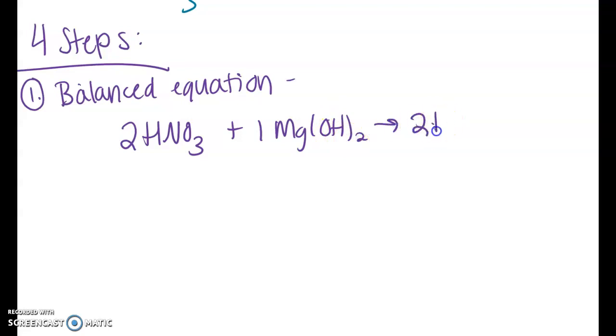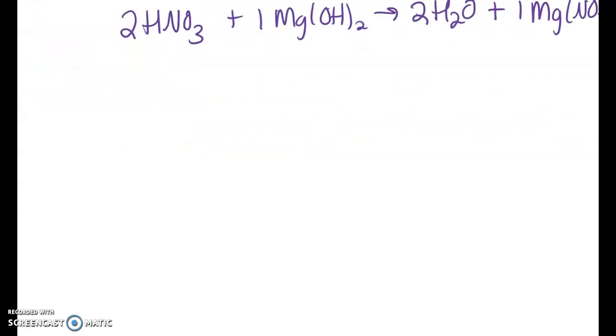And that's going to make 2 water and 1 magnesium nitrate. And the reason why we need a balanced equation is that I need to look at the mole ratios. So this is really just a stoich problem that's broken down piece by piece.